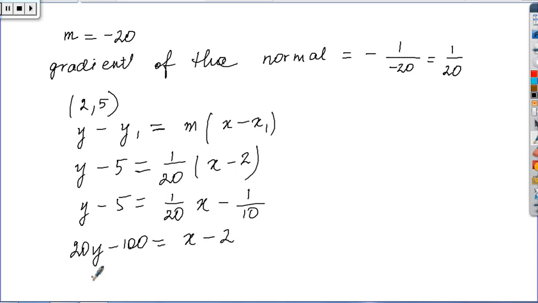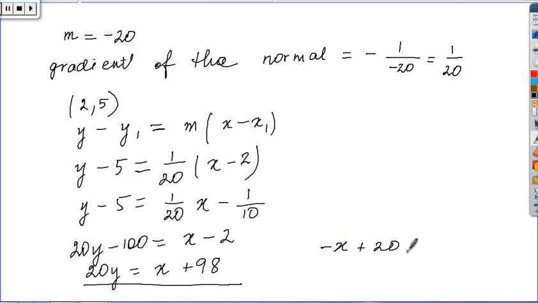And now we'll tidy up. 20y equals x plus 98, and we could leave it as it is, or we can write this as minus x plus 20y minus 98 equals 0. Either of these two would be fine.